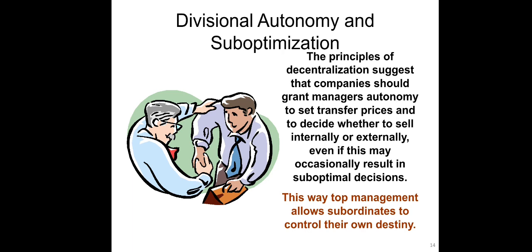So if the selling segment is operating at full capacity, the buying department has to purchase the service or product at the market price, because at any time the selling department can sell the same product or service to the open market at the market price. Okay, these three things.